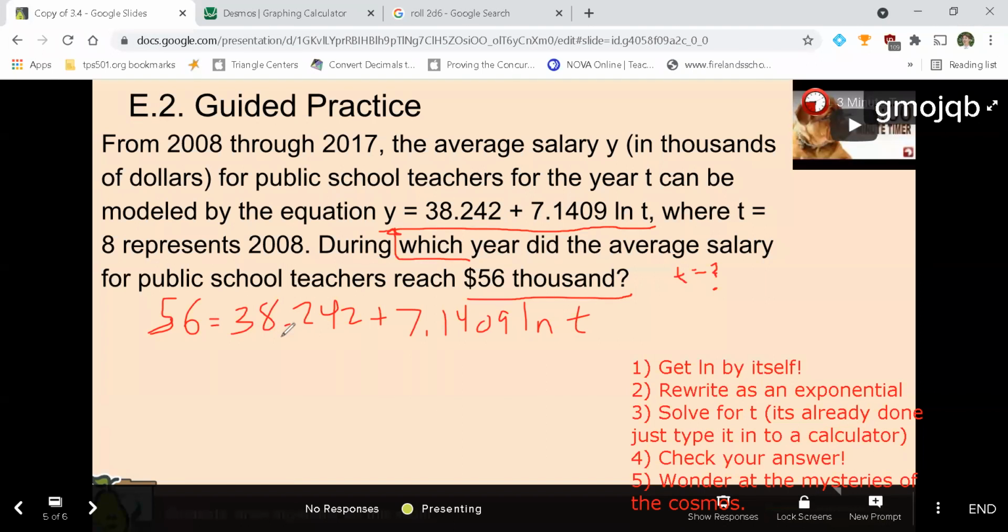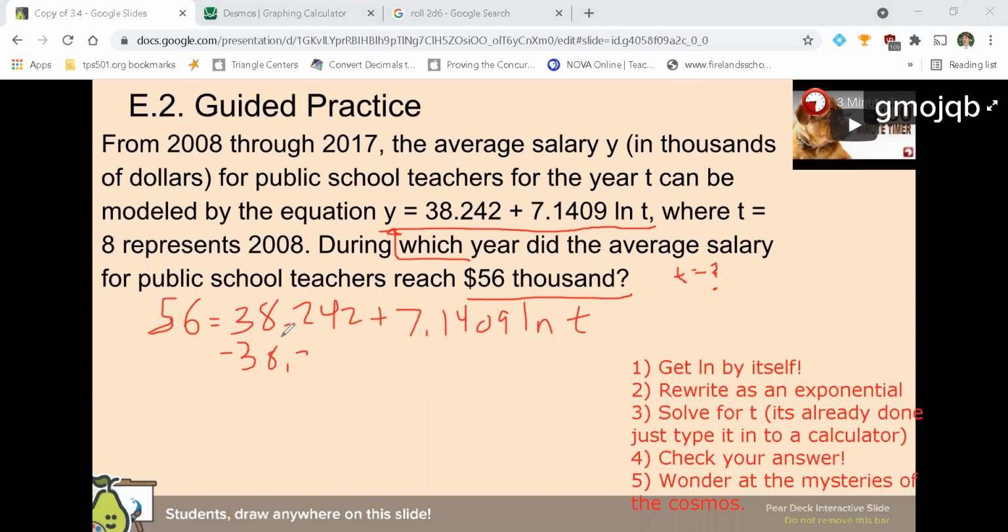What do I do first? Subtract. The answer should be 17.758. Okay, what do I do next?